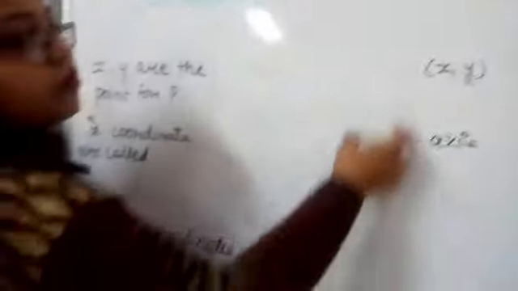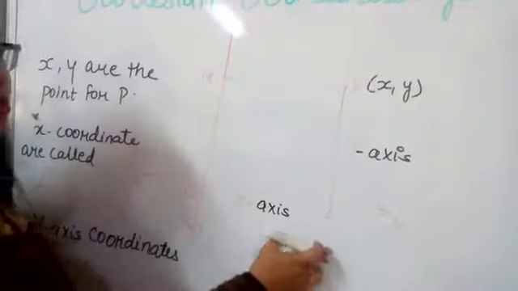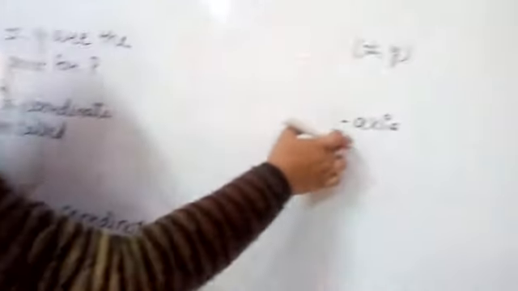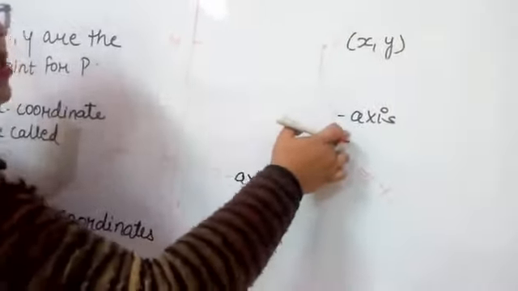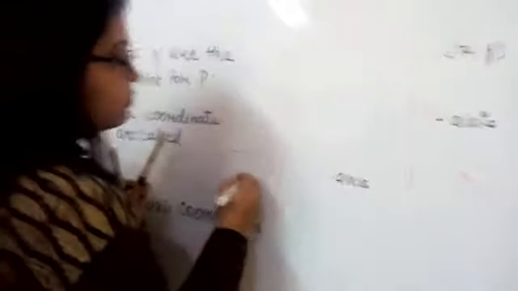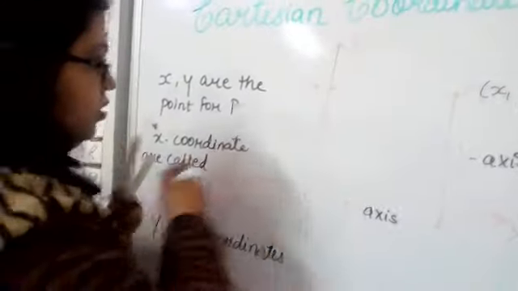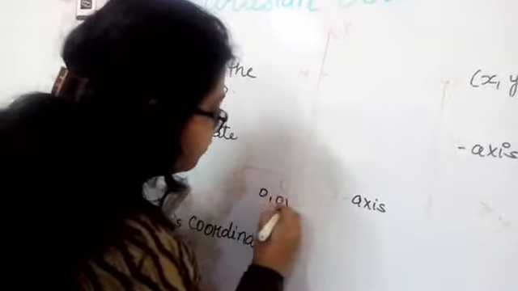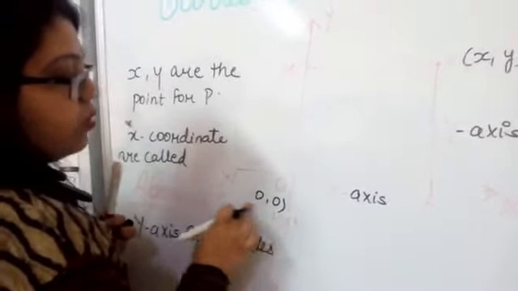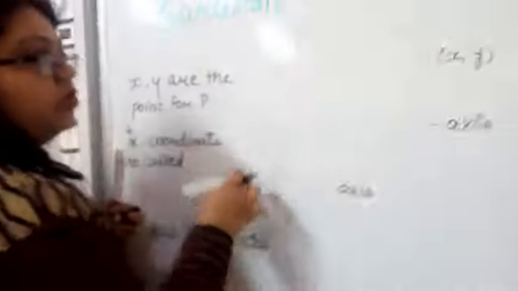Whenever we have to find out the value of x and y, we have to move towards the x-axis and towards the y-axis. So x is the perpendicular length of y and y is the perpendicular length of x. Okay, so this is the origin point and its coordinates will be 0, 0, for both x and y.